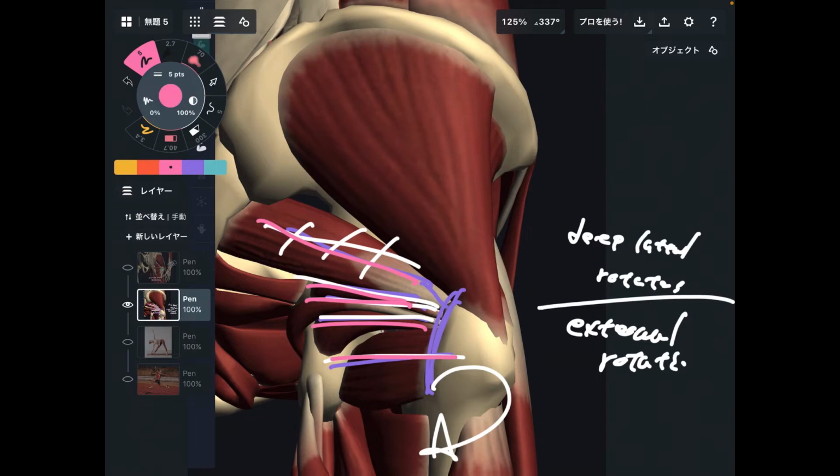So when the size of muscles gets smaller and smaller, they have an important role for joint stability. Joint stability, that's very important, right? Of course, these guys move the hip joint. That's external rotation.